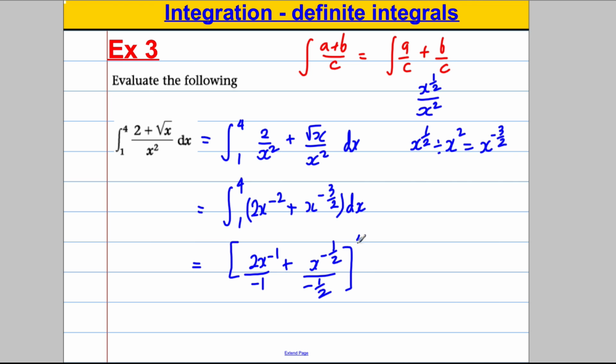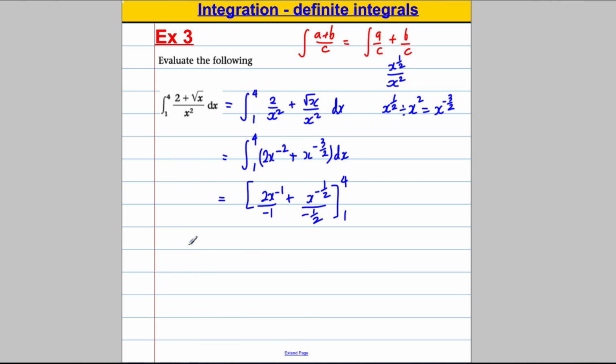No constant, put your limits in. We're going to tidy up before we substitute in. 2 divided by -1 is -2, x to the -1. 1 divided by -1/2 is -2 again, x to the -1/2. Put in 4, put in 1.